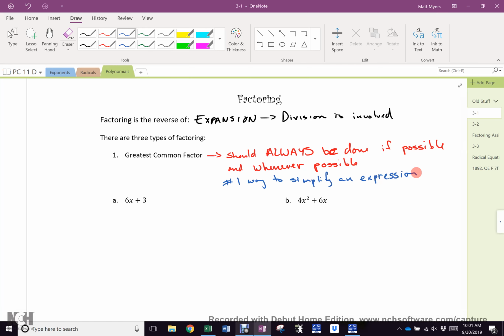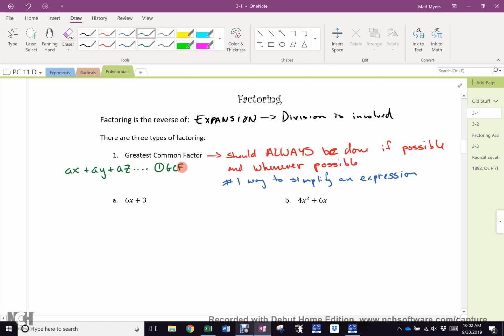It is very simple. You start with a polynomial. I'm going to write that polynomial out: AX plus AY plus AZ, and so on. So, the first thing you do, step 1, you decide on the GCF.